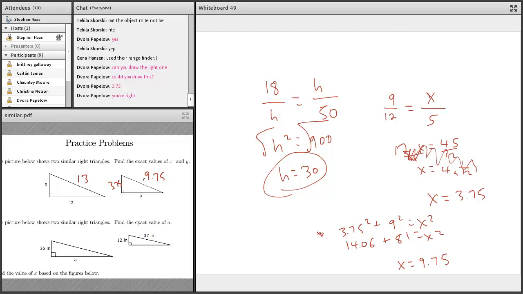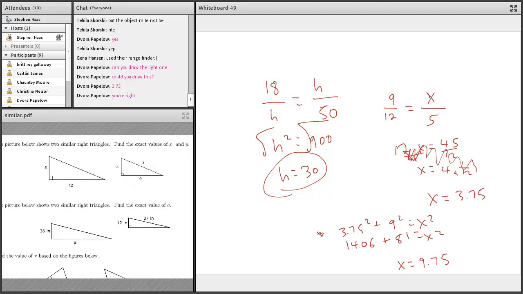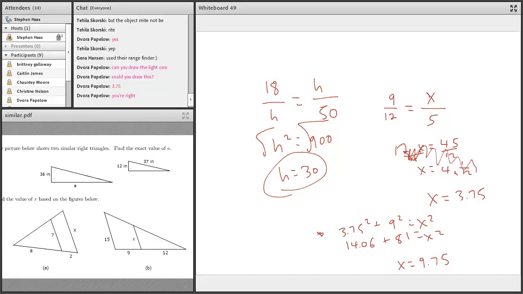Okay. How would you figure out the value of a in the next one? We'll just look at the proportion. This is a little bit harder because first you have to find the hypotenuse of the big one. Really there are two ways to do it.